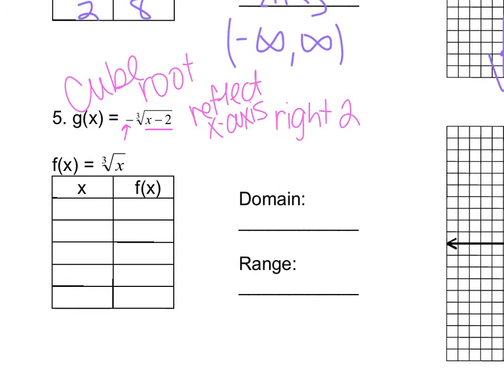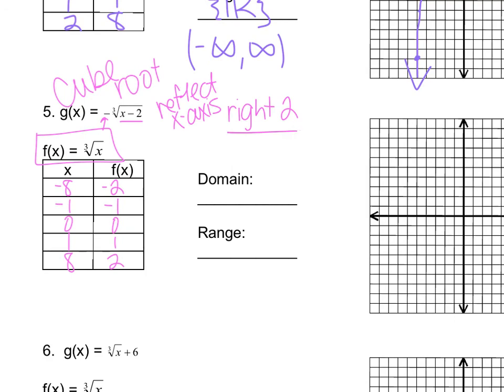It's always the opposite when it's inside parentheses or underneath the radical. All right, so those parent function values that we used on the front were -8, because we take the cube root of -8 and get -2, -1, -1, 0, 0, 1, 1, and 8, 2.